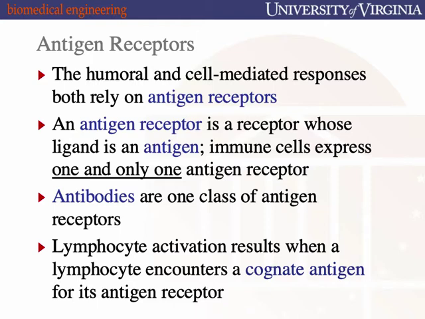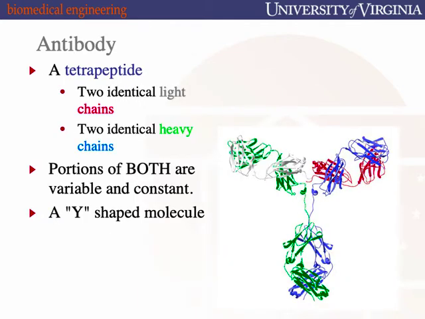Cognate means matching. So when my receptor binds its matching or complementary antigen, that's when we'll trigger activation. It's a little more complicated than that, but we'll talk about that.